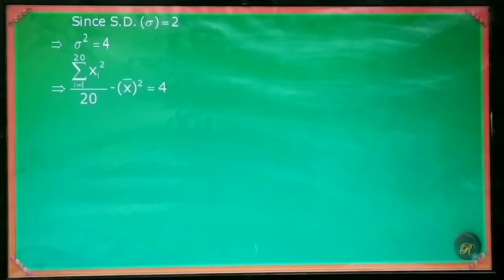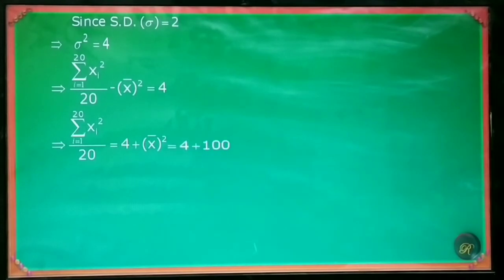That's what they have given. Implies sigma xi square divided by 20 is equal to 4 plus square of mean is equal to 4 plus 100 is equal to 104.